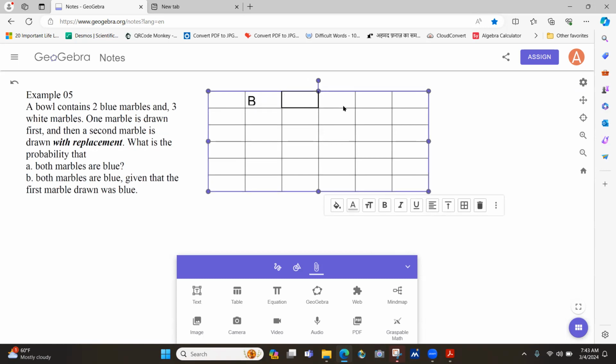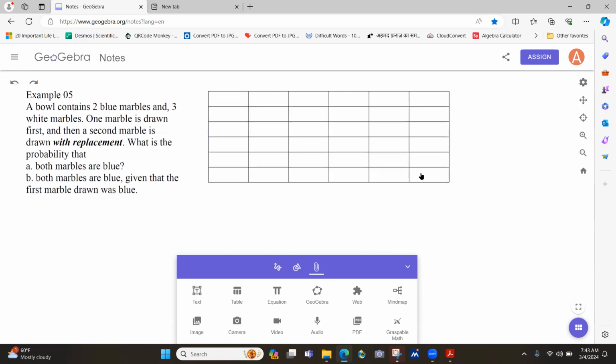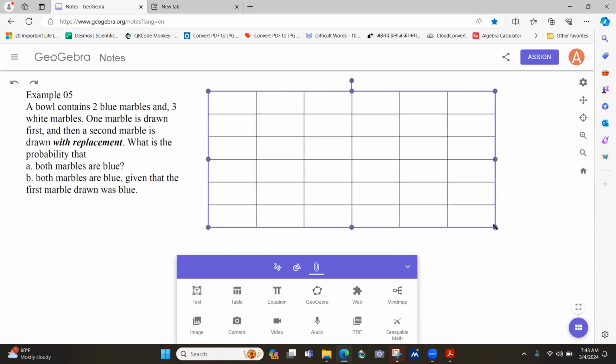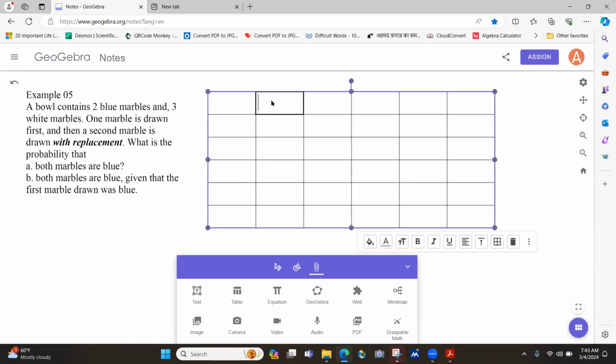Blue. Let me make it even better. Make this a little bigger. So I'm just going to create my sample space first. Okay. My container contains blue, blue, white, white, and white. And I'm going to list them here too.